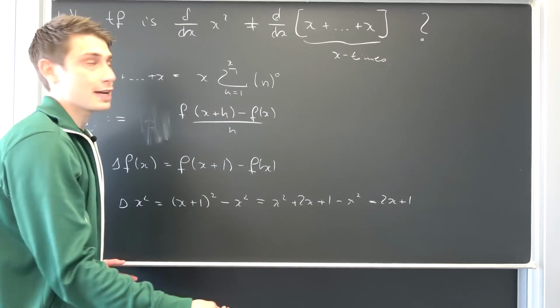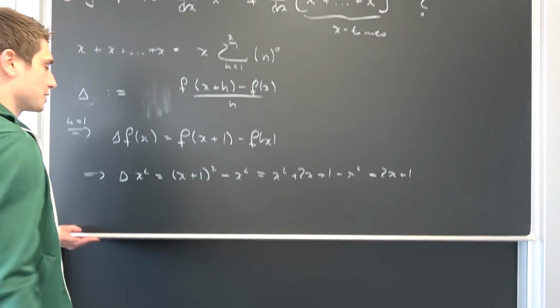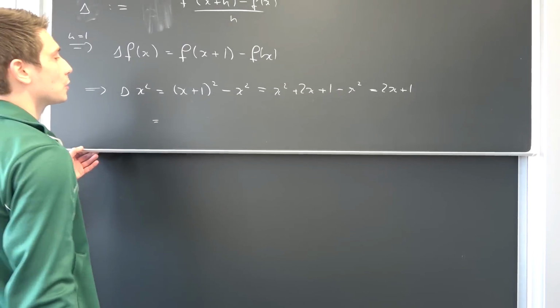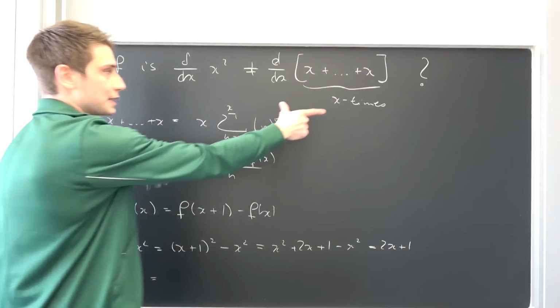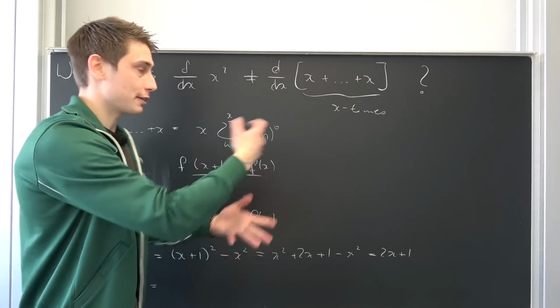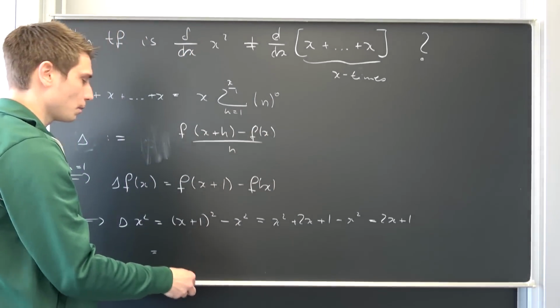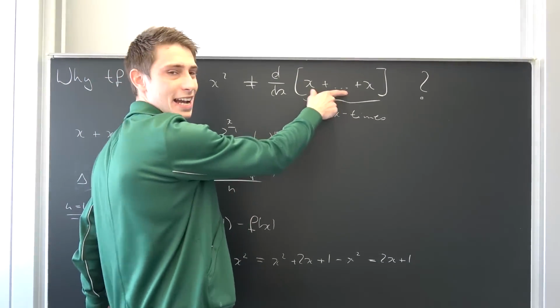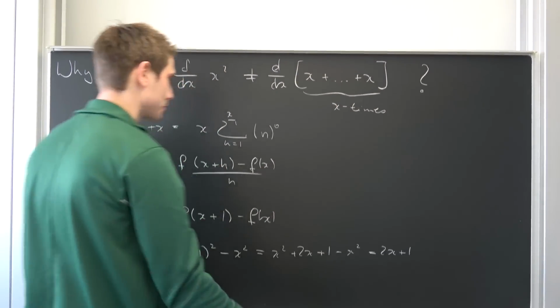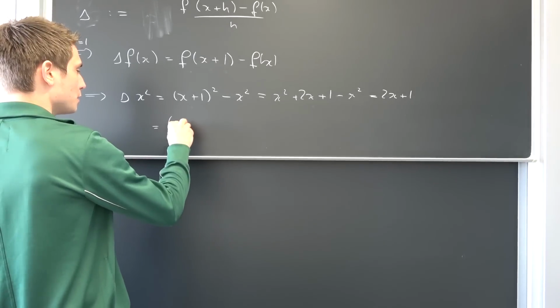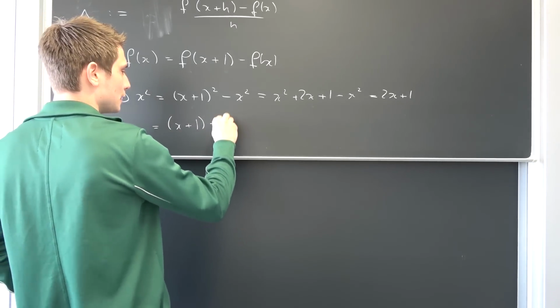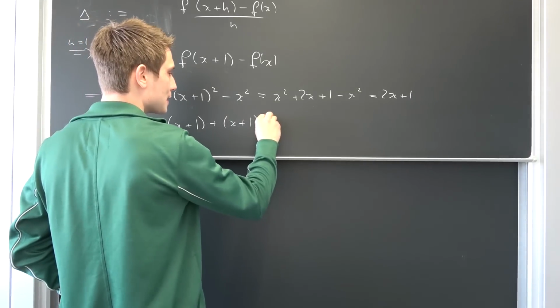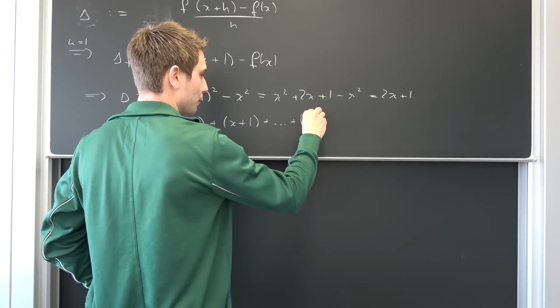Okay, but we also have the other side of the medal right here. This right here is our function, you could say, the thing that we actually want to do. So if we have f of x plus 1, that means we are going to add x plus 1 times to itself. So this is x plus 1 plus x plus 1 plus dot dot dot plus x plus 1. Okay?